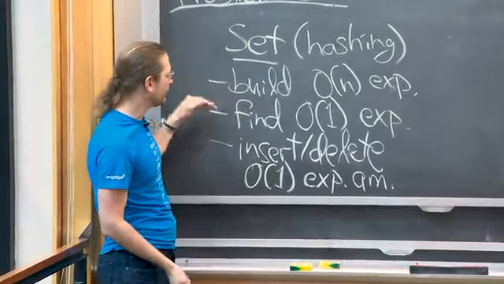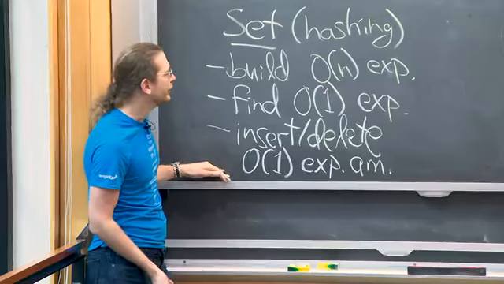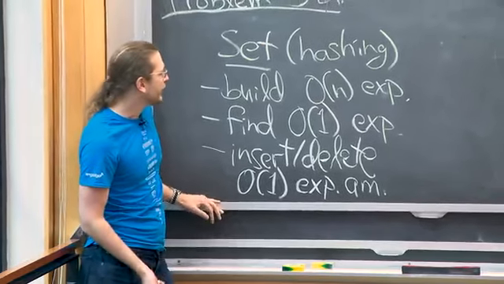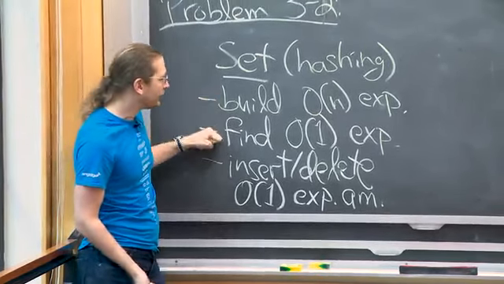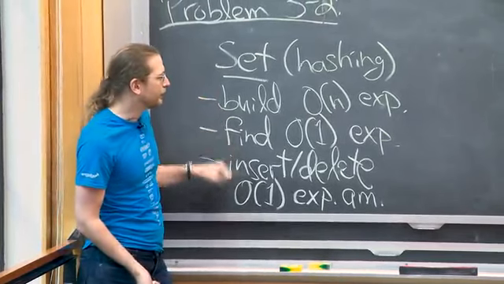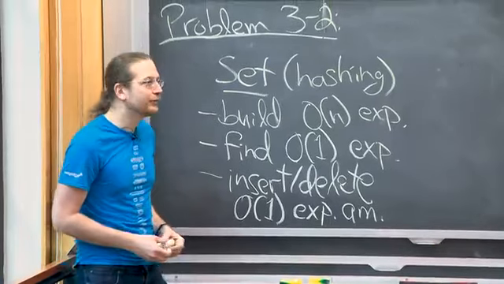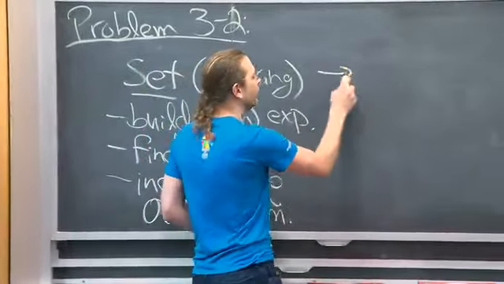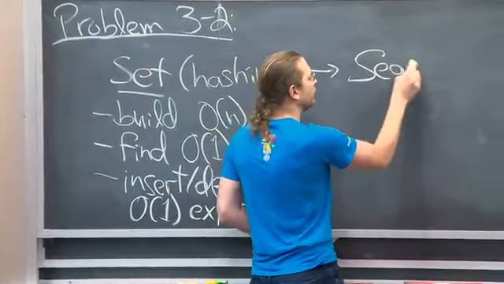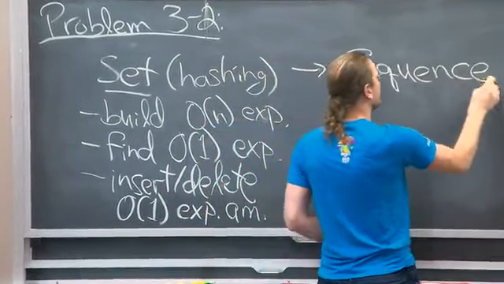So in particular, we're given these three operations. I'll maybe also use iter to iterate through the items. So we're allowed to build something in linear time, find, and insert and delete in constant, expected, amortized time. And what the problem is asking is to build out of this data structure a sequence with particular time bounds.